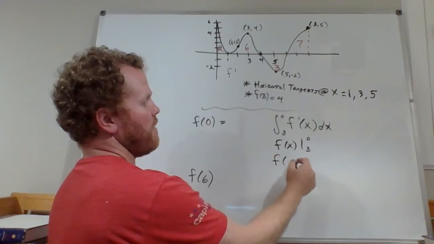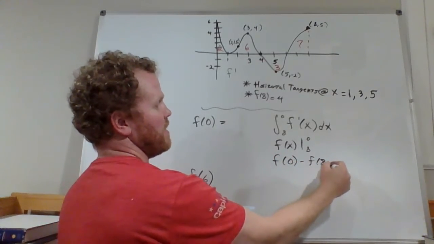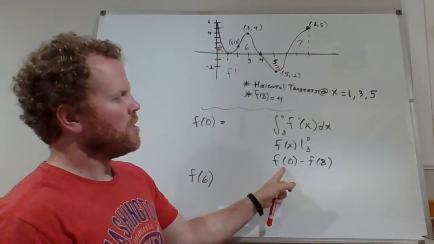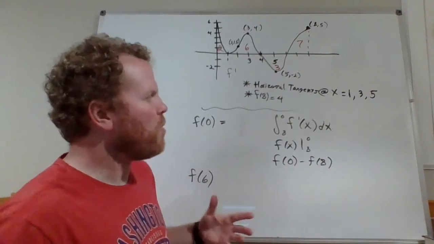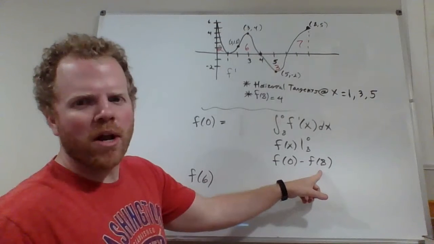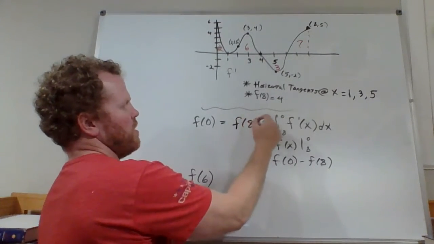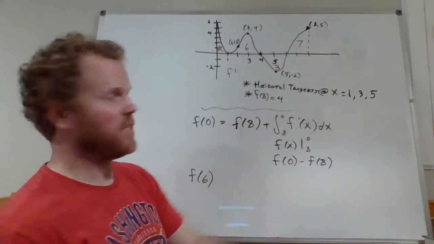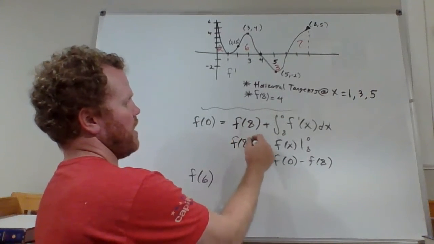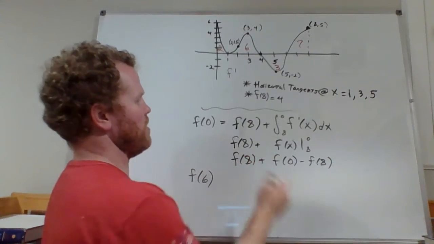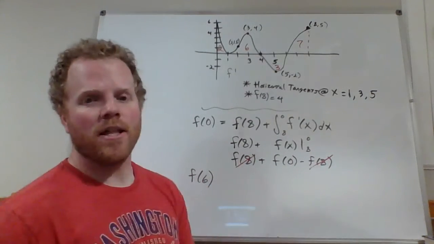So you're going to do f of 0 minus f of 8. And you're looking to find f of 0. The problem is when you do the antiderivative, you only want it to do this part. You don't want to have to do this other part, which is why we should start with f of 8 and add this thing, and then we should be okay. Because then these two are going to cancel out.